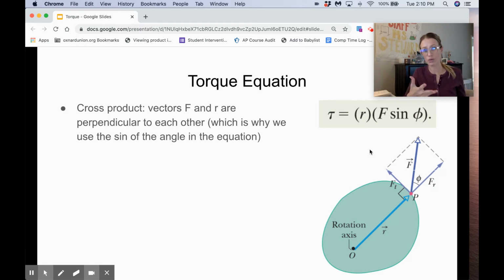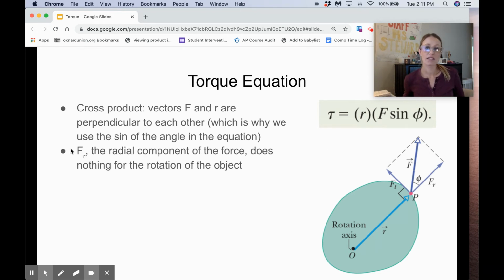So work was a dot product because we know that the maximum amount of work was done when force was parallel to displacement. Here, the maximum amount of torque is done when force is perpendicular to our moment arm r. So what's happening here is we want the perpendicular vector, which is why we use the sine in this equation here.